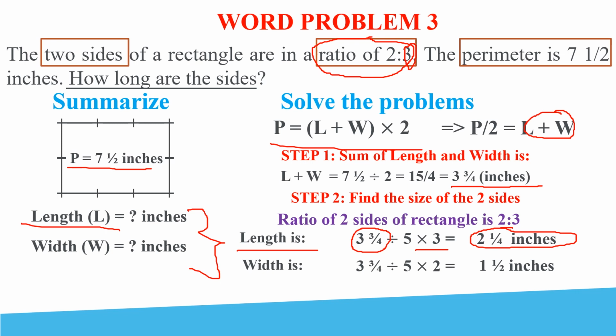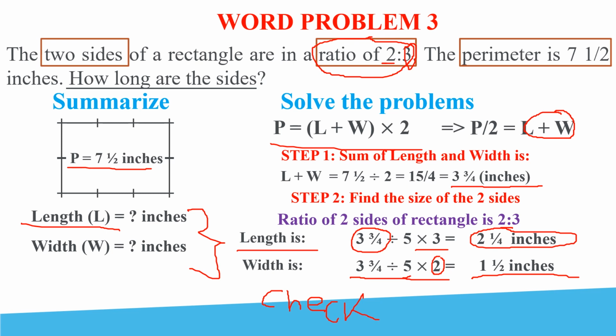Okay, now our last part, width, is the same logic, but we are going to divide by 5 and then multiply by 2, because here the ratio is 2 to 3, and the result is going to be 1.5 inches.